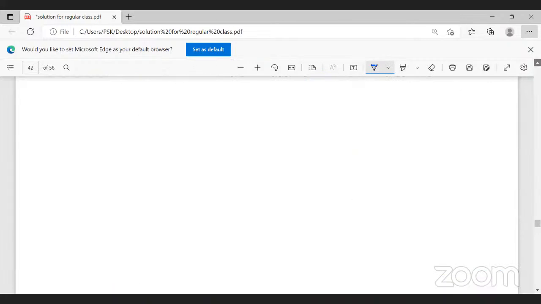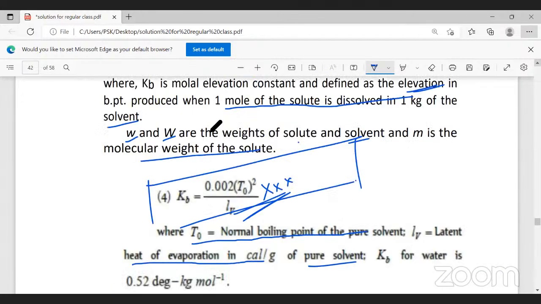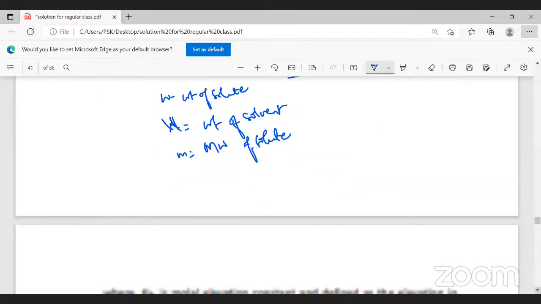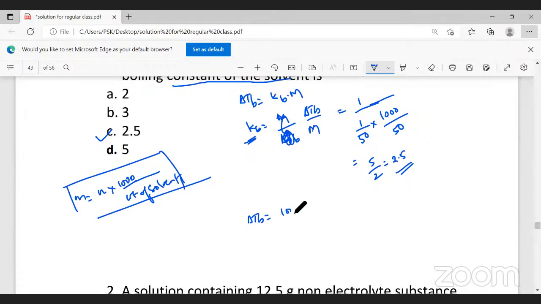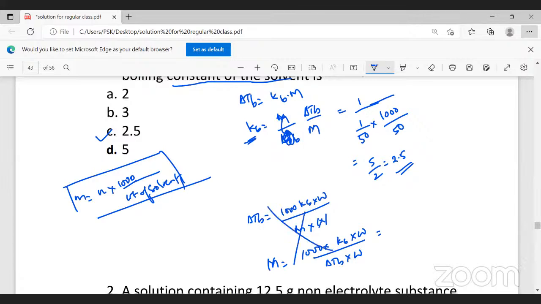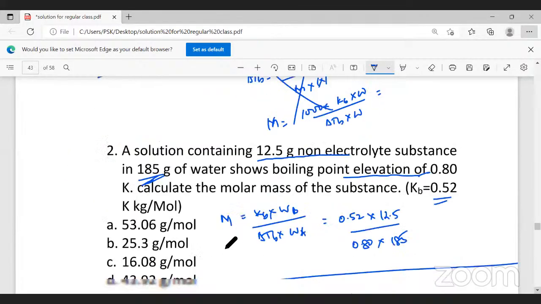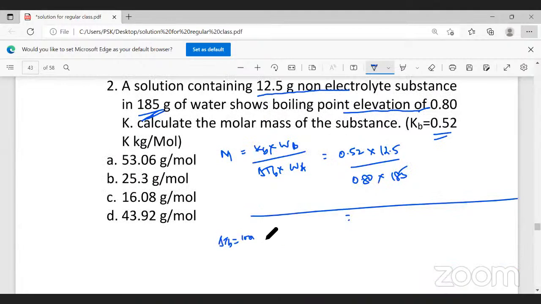This formula we learned: delta Tb is equal to 1000 Kb into w divided by M into capital W. This formula you remember, we'll solve that also. Just observe, this formula you can also use. This also is right.